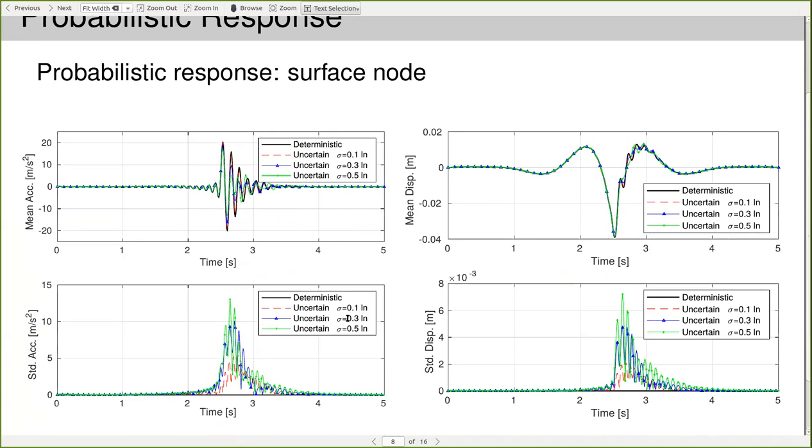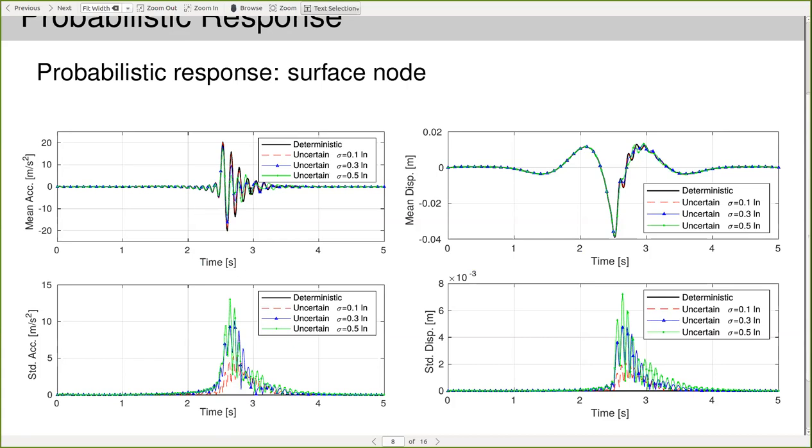Here I'm showing you the probabilistic response of the surface node. This is the marginal mean and marginal standard deviation of the acceleration of the surface node, and this is the marginal mean and marginal displacement of the top node. One quite important observation we can make is that although all of these uncertain stiffness fields have the same mean value as in the deterministic case, when we increase the uncertainty in the structure system, it will even influence the mean value, especially when you have a very large uncertainty.